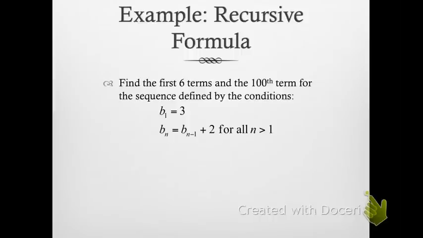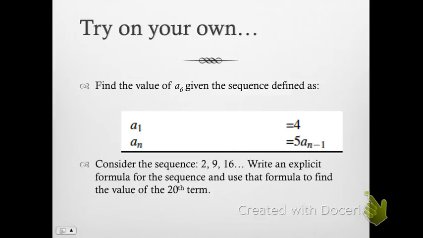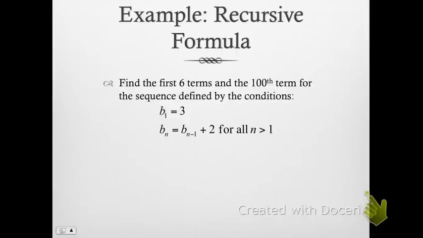So on the other hand, if I wanted to find the first 6 terms and the 100th term for a recursive formula, if I know that the first term is 3, I can find b sub 2 because it's going to be the previous term plus 2.